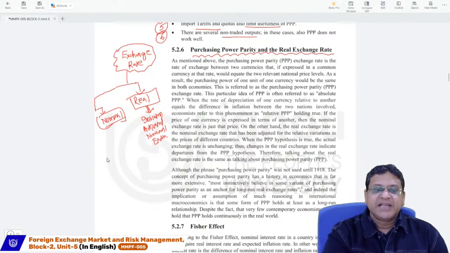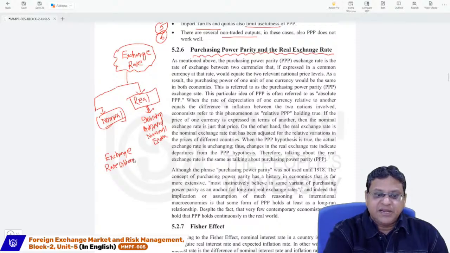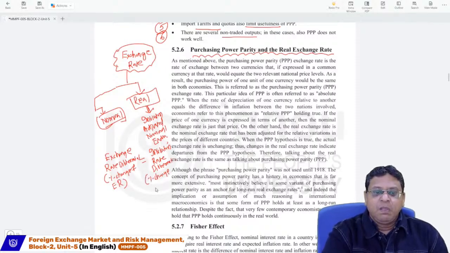Exchange rate differential is the percentage change of exchange rate, and it should be equal to inflation rate differential, which means percentage change in inflation rate.